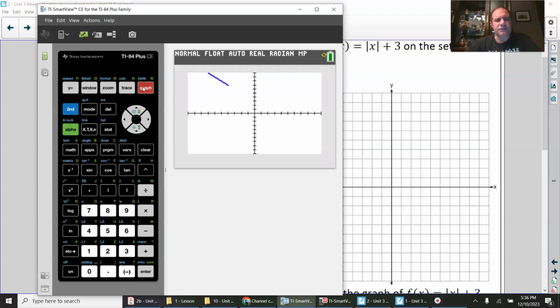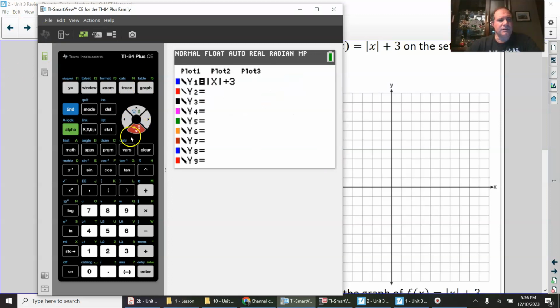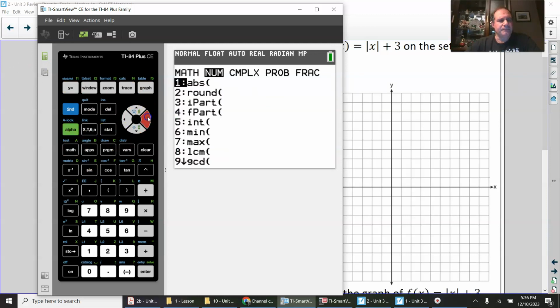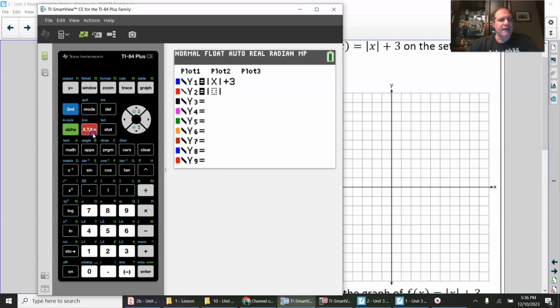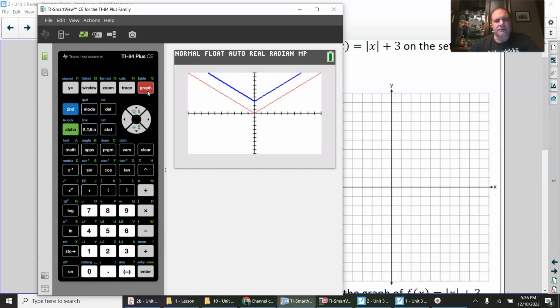And then this should actually move up 3 from the parent function. If you have a parent function which is just the absolute value of x and you graph that, you'll see that the parent function is still at 0, 0, and the absolute value of x plus the 3 on the outside moves up 3 units.